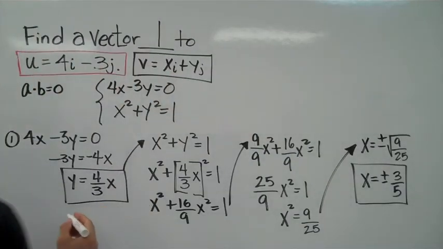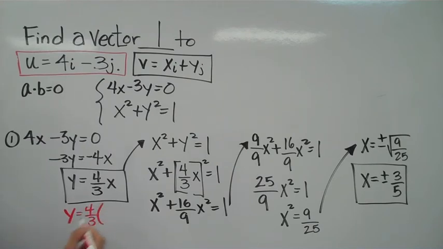That allows us to go back over here. Well, y is equal to 4 over 3 times 3 over 5, or y is equal to 4 over 3 times negative 3 over 5. Either way, from these two, I'll get y is equal to plus or minus 4 over 5 for my final answer.